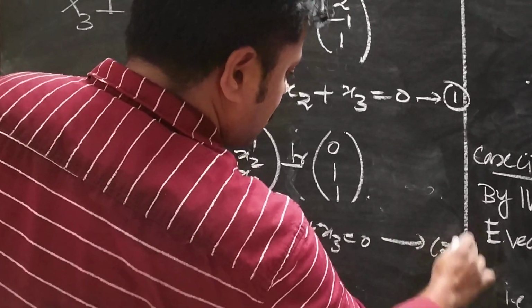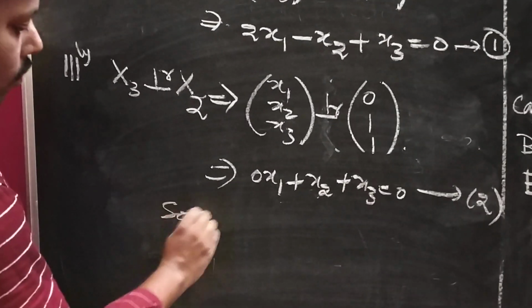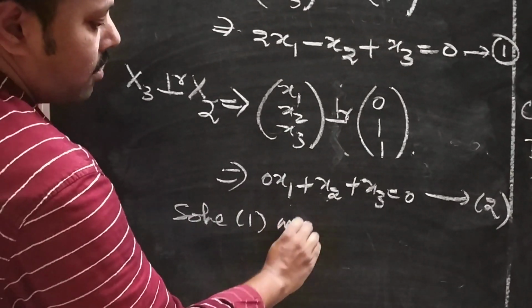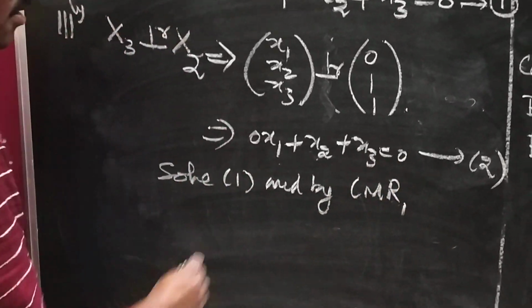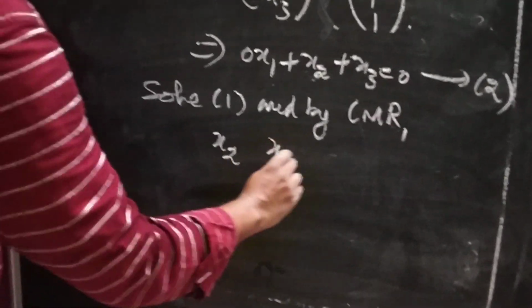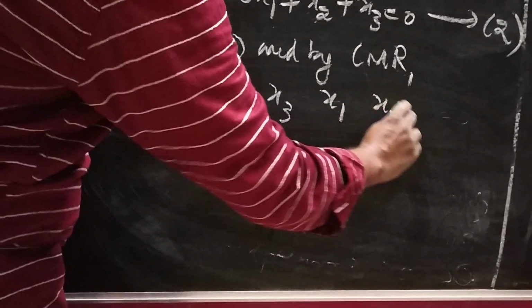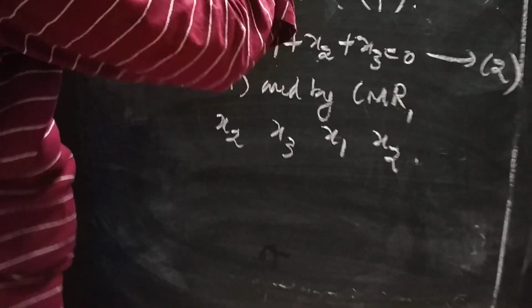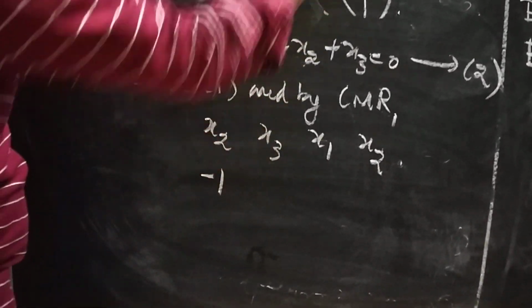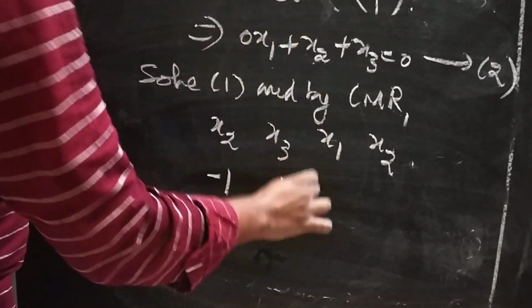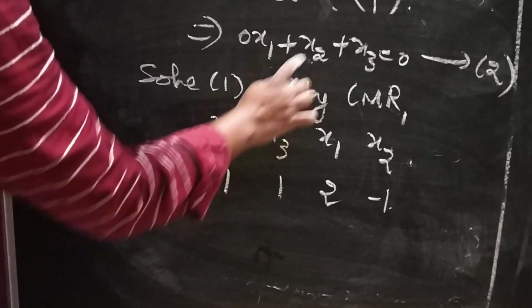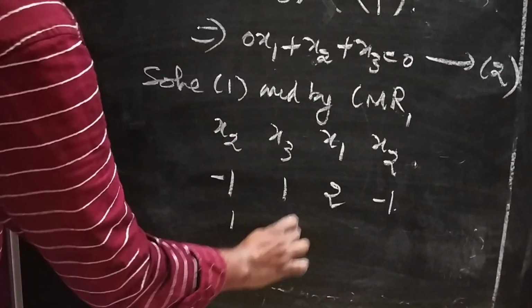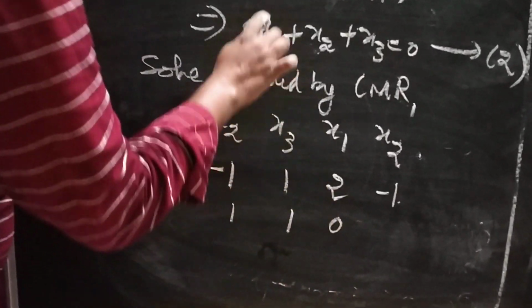Let it be equation 2. So solve 1 and 2 by cross multiplication rule. Start with x2, end with x2. In equation 1, x2 coefficient minus 1, x3 coefficient 1, x1 coefficient 2, x2 coefficient minus 1. In equation 2, x2 coefficient 1, x3 coefficient 1, x1 0, x2 1.